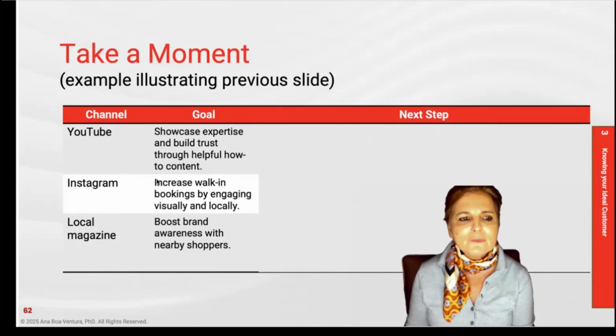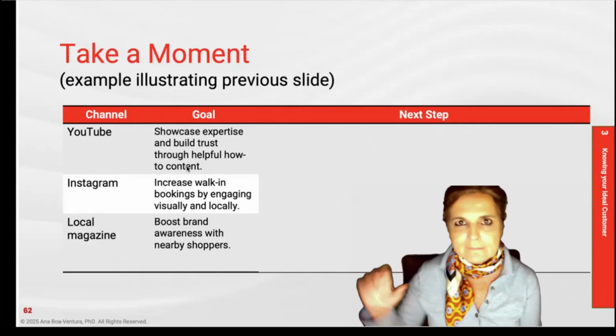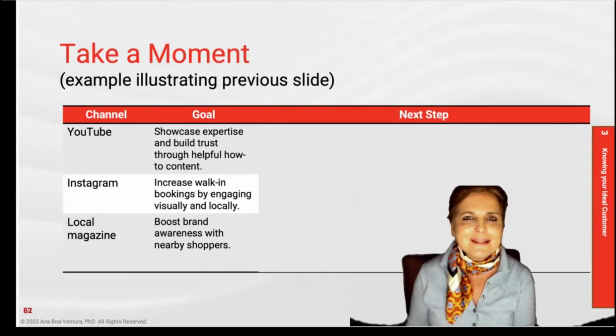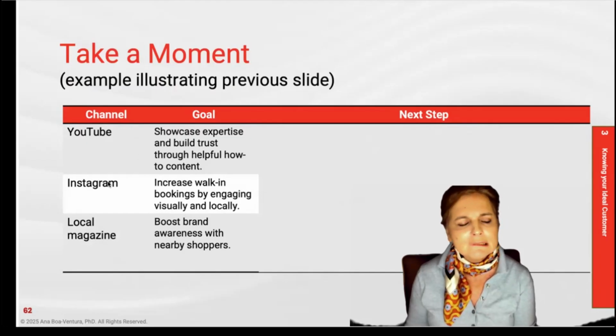Instagram, the goal would be increase walk-in bookings by engaging visually and locally. This could be for a hairdresser, for example, right? And in fact, if we're thinking of a hairdresser, YouTube: showcase expertise and build trust through helpful how-to content, how to curl your hair using the appropriate device, a curling iron, I'm sorry.